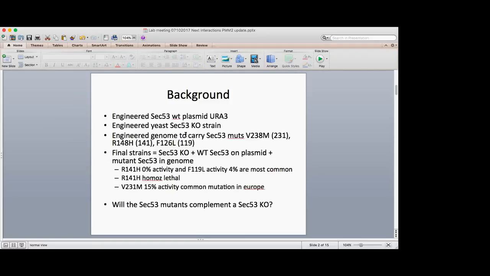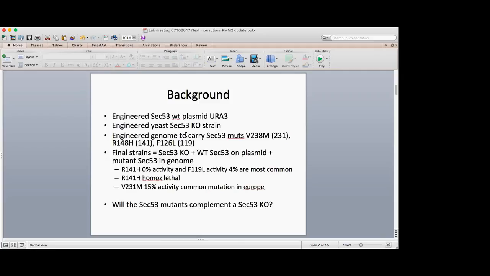The bottom line is the question that we pose at the bottom. Again, this is using the more technical genetics language, but the idea is, if we can make a knockout of PMM2 in the yeast, and we put in the place of that missing PMM2 a mutant form of PMM2, the question is, does that mutant form of PMM2 have enough function that the yeast can survive?